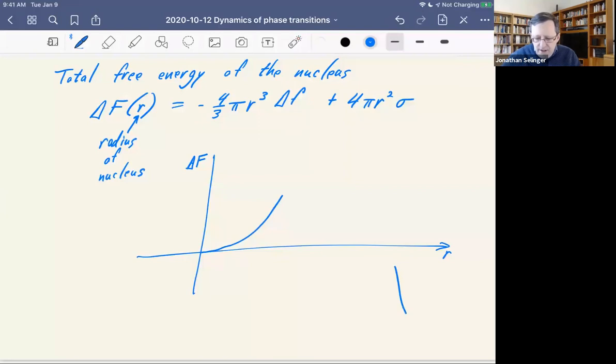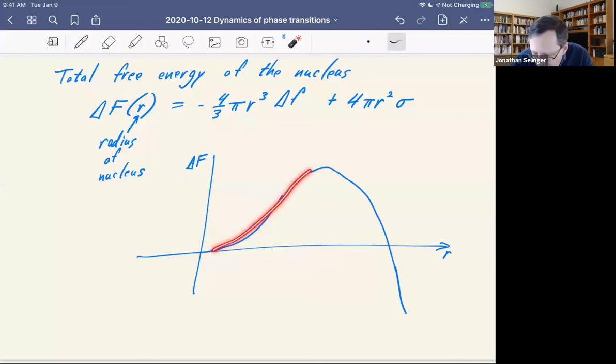So the only way to connect these things up is if the plot looks something like this. So there has to be a shape like this where there's a maximum: if you are on one side, your plot's going up, on the other side, the plot's going down.